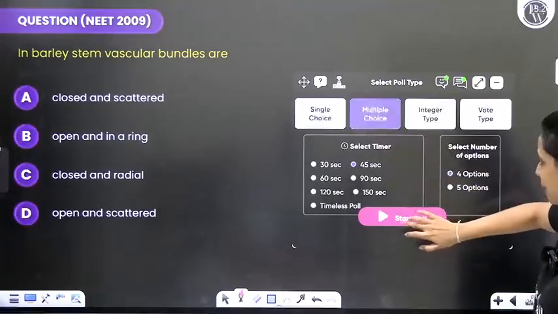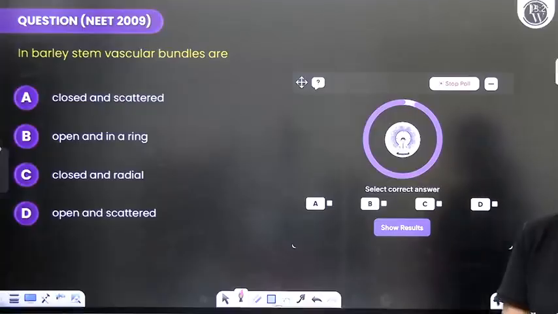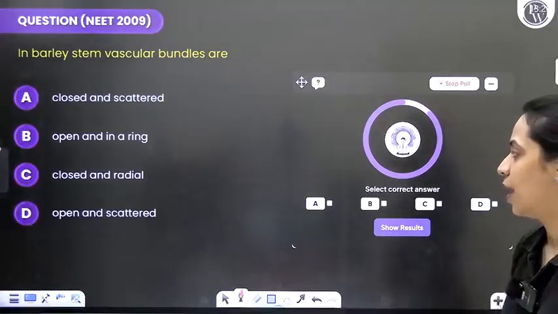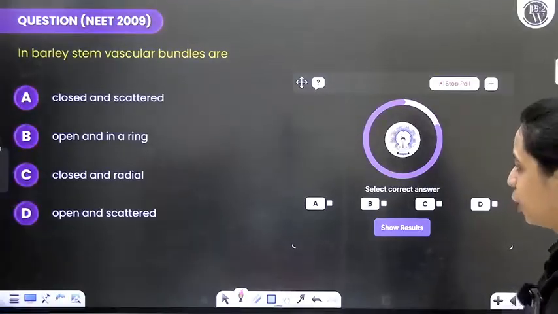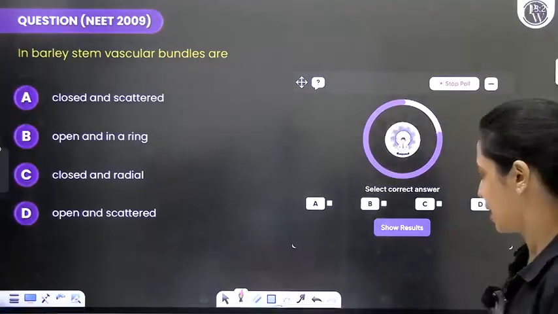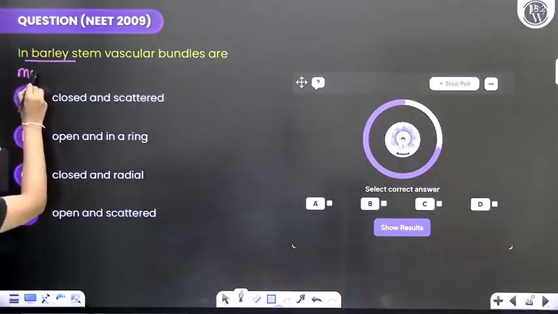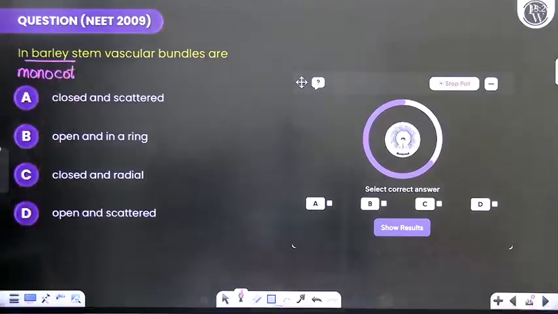In barley stem, how are the vascular bundles arranged? Barley stem, stem of a monocot plant. Are they closed and scattered, open in a ring, closed and radial, open and scattered? Barley is a monocot plant. So in a monocot stem, we just discussed this today, how will the vascular bundles be?